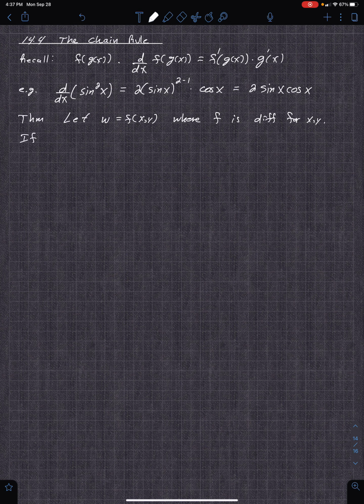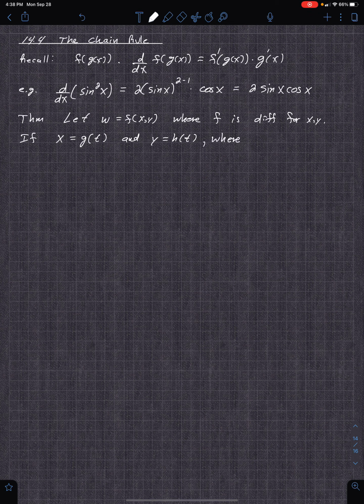If x equals g of t and y equals h of t, in other words, x and y are both functions of t. So just the variable t is embedded in both of those.